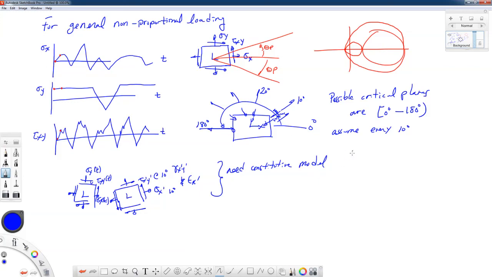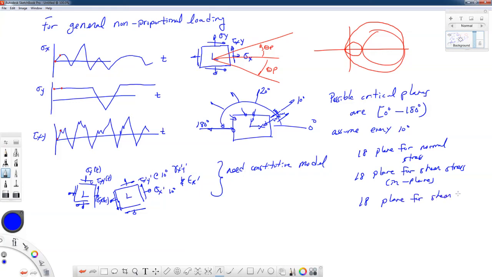Okay, so now we have 18 planes for normal stress. We have 18 planes for shear stress in the plane. We have 18 candidate critical planes for shear stress out of plane, so 45 degree out of plane direction.